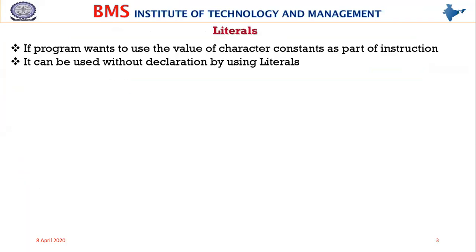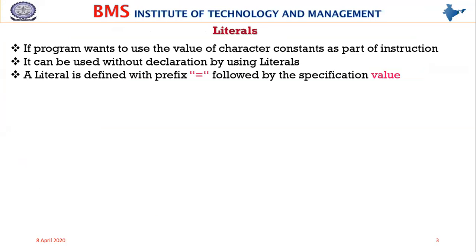Literals are specifying the character or string constants without declaring them, as an operand directly in the instruction. That is done by using the equal to sign along with the value. The value may be a character constant, which may be either ASCII or hexadecimal, or it may be a string constant.